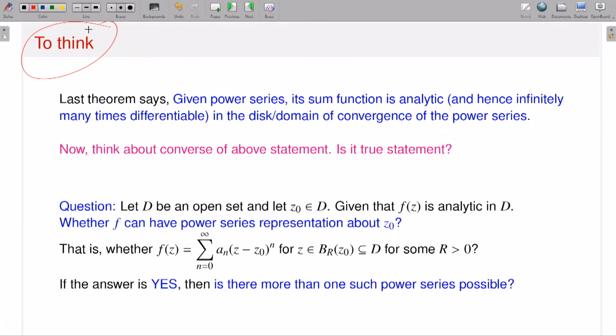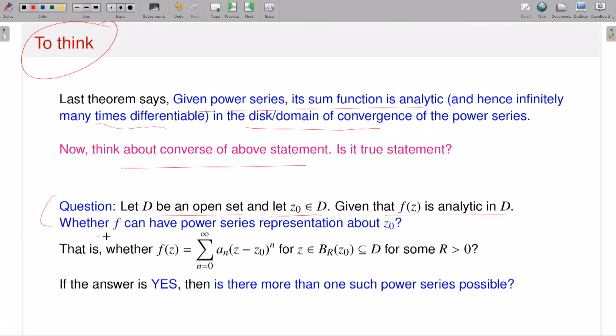These things I have already discussed in my last lecture. Given a power series, its sum function is analytic and hence infinitely many times differentiable in the disk or domain of convergence of the power series. Now think about the converse of the above statement. What question am I interested in? Suppose you have an open set D, you consider a point z0 inside D, and suppose you have an analytic function on that domain, so in particular it is analytic at the point z0.